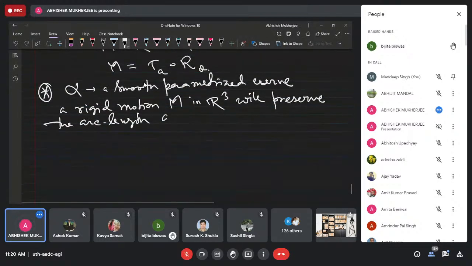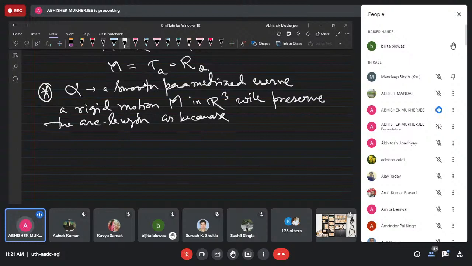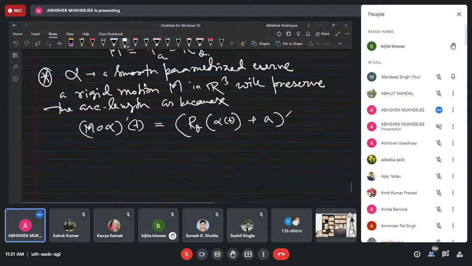That's because if you want to compute the first derivative of this composition, then you will arrive at, so it is r theta alpha t plus a, dashed, right?